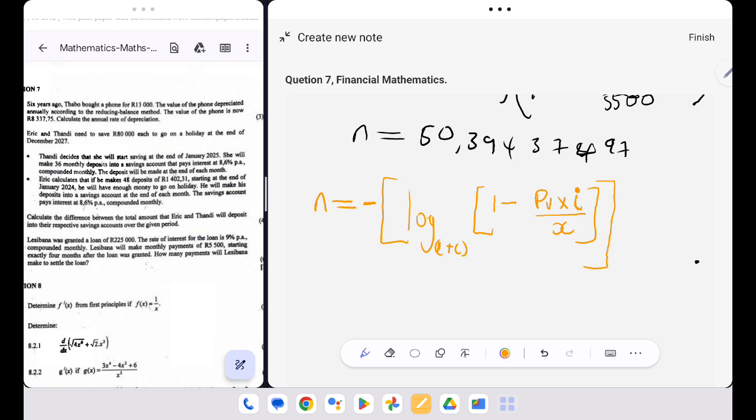If you can just punch these things with the calculator, you'll always get your n whenever you're dealing with loans or present value. This is how you find your n. Just to avoid mistakes, please keep this in mind. Just substitute everything here, you'll get your n.